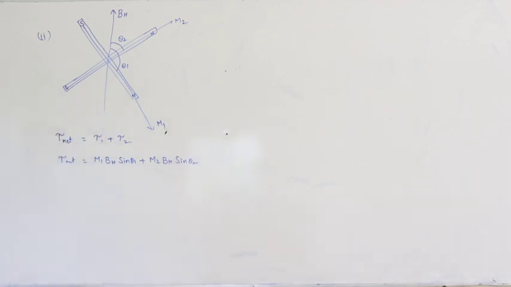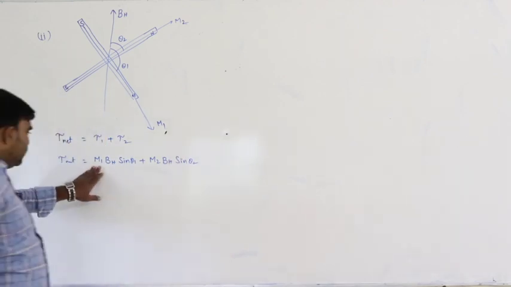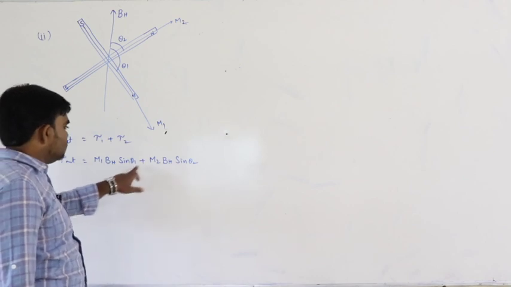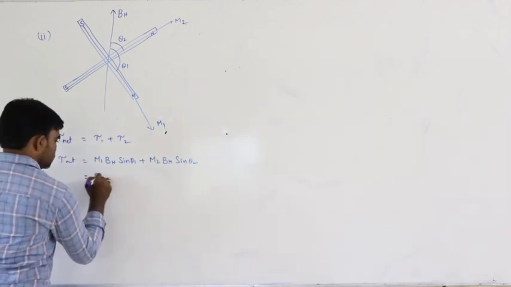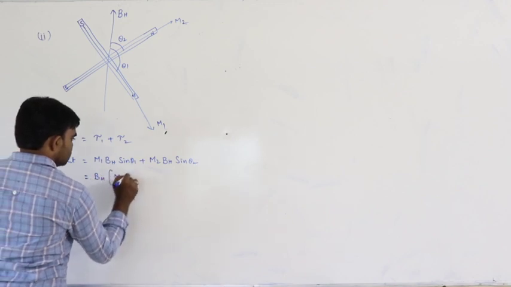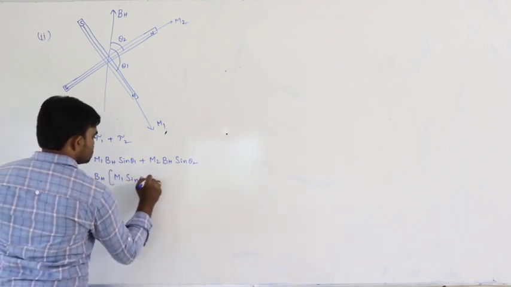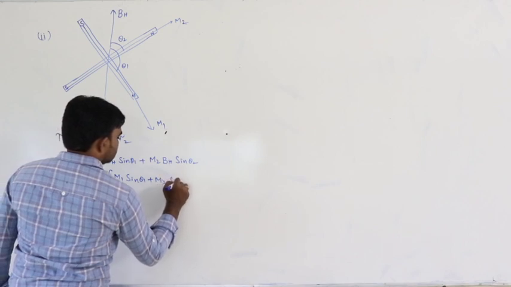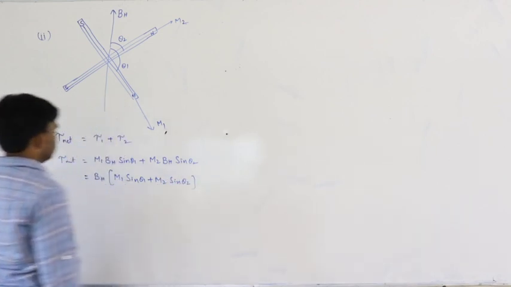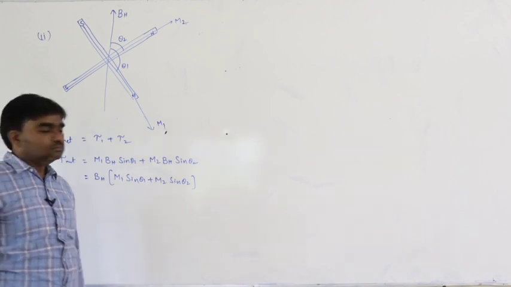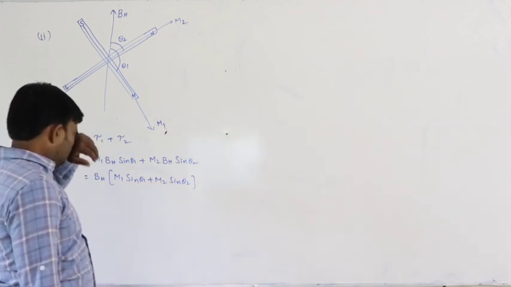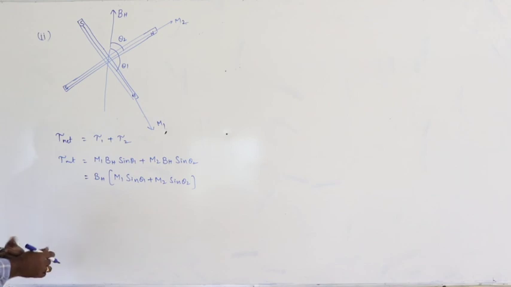Taking BH common, it is BH into M1 sin theta 1 plus M2 sin theta 2. This is the net torque acting in this situation.